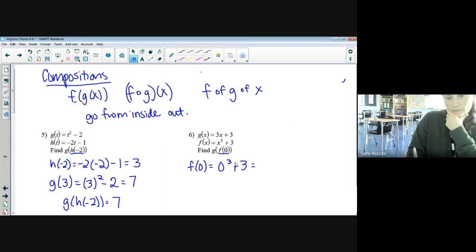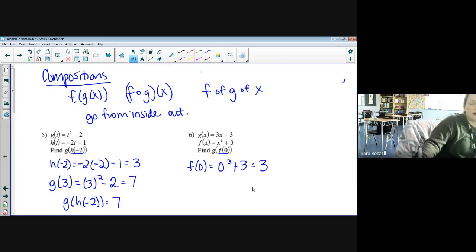Plug that into my f function. What is 0 cubed plus 3? 3, good. 0 to any power is 0, plus 3 is 3.